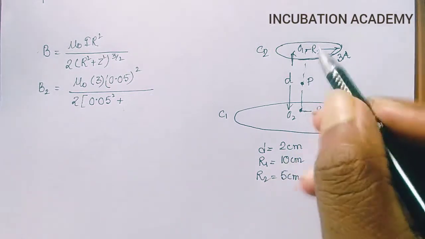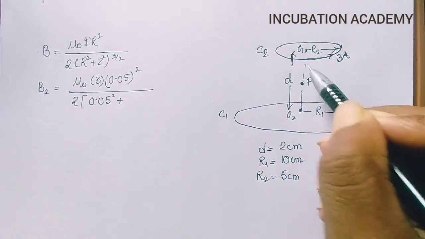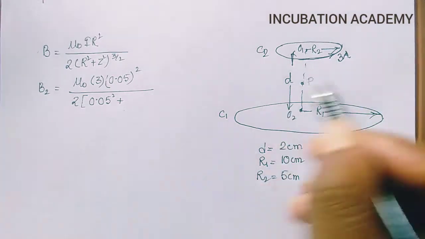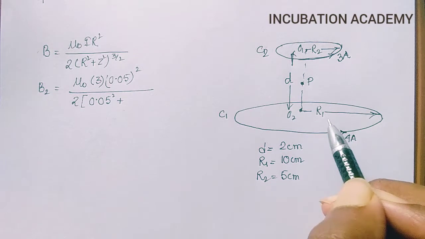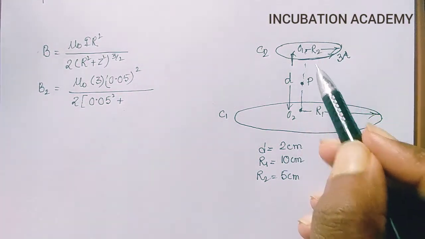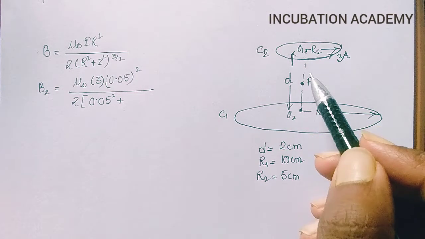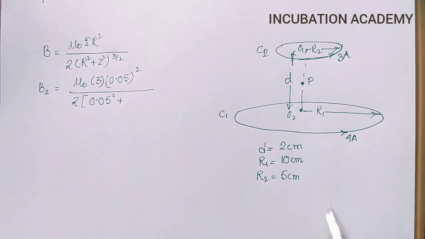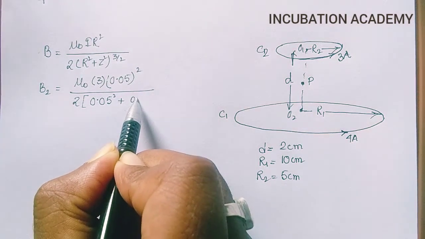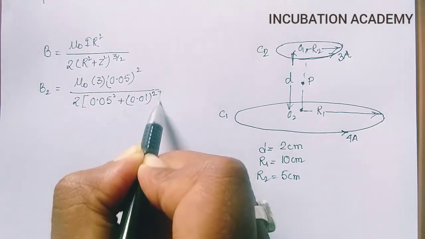Z, that is the separation between O1 and P, since it is the midpoint and D is 2 centimeters, is 1 centimeter. Obviously these figures are not to scale because R1 is 10 centimeters and R2 is 5 centimeters, but I think you understood the logic of that. So it is 1 centimeter, and I can write it as 0.01 square, to the power 3 by 2.